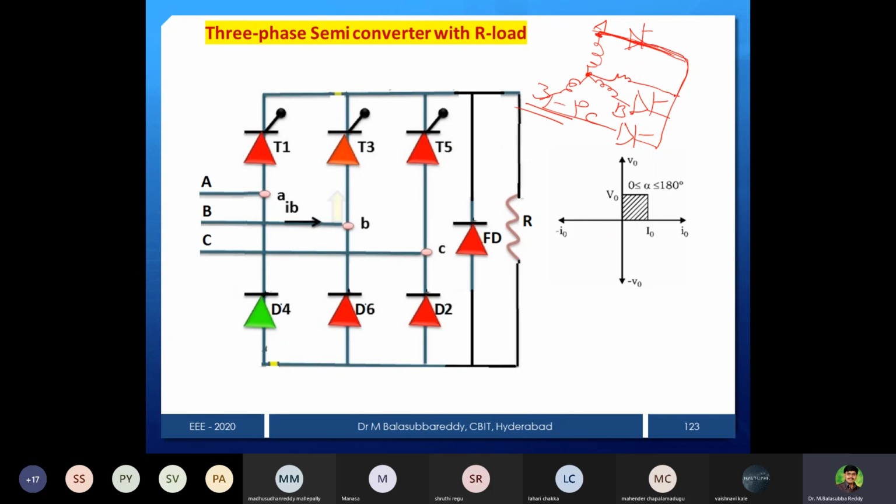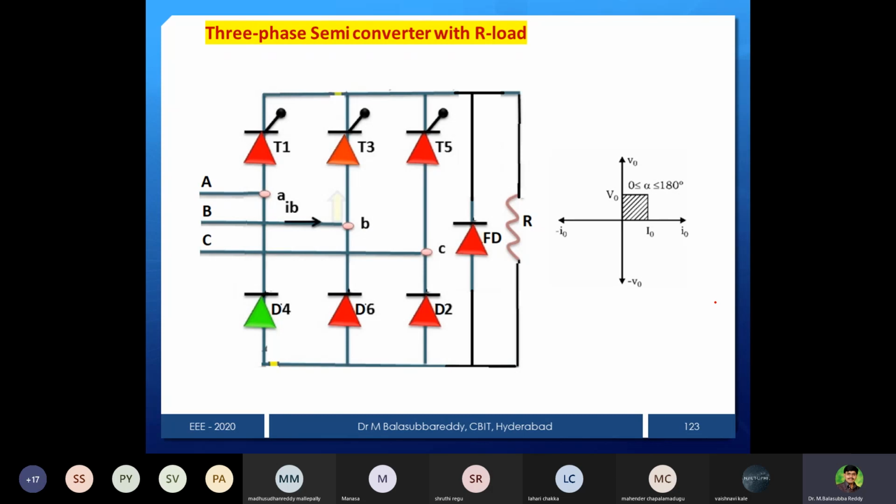If B phase is conducting, the output is the B phase voltage, and if T3 is conducting, the output is the C phase voltage. So from the previous analysis, in the midpoint case, when the device of a particular phase is conducting, the output is the same as that particular phase voltage.